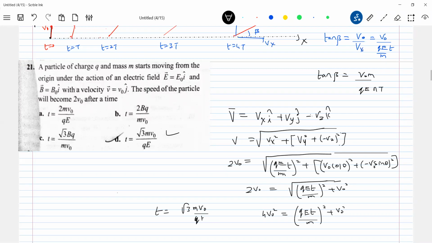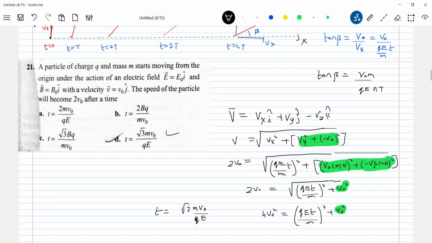So don't go for any mathematics here. He's just asking you to think like this. So what is the meaning of this? This particular square bracket has a lot of meaning. It is the speed of the particle in the YZ plane. This much is what you should think.